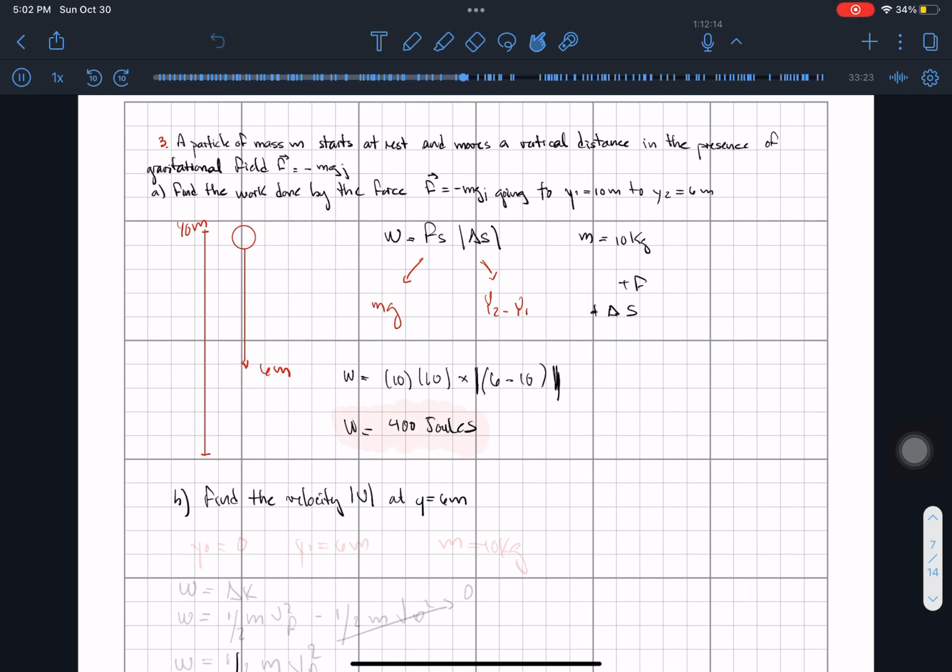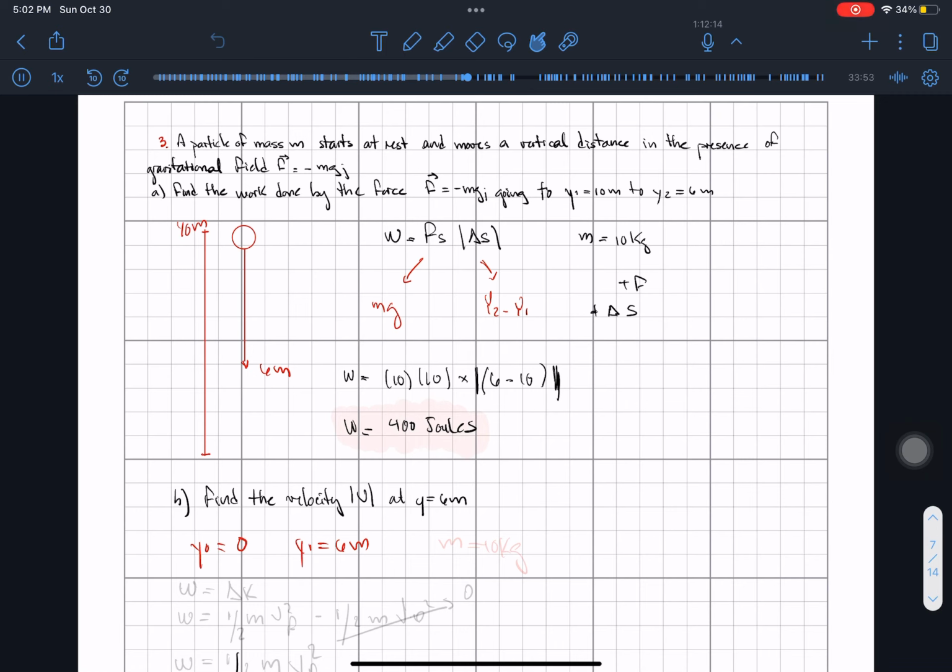Okay, for the second part of this problem, we have to find the velocity when the object is at 6 meters. From the first part, we know that the initial position of the object is going to be 0, and we need the velocity at 6 meters.